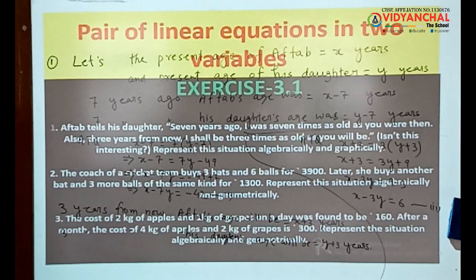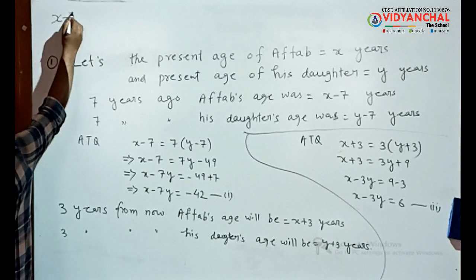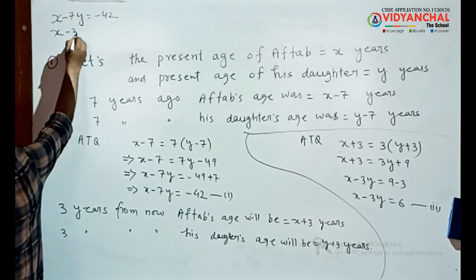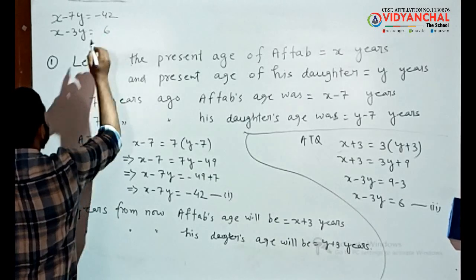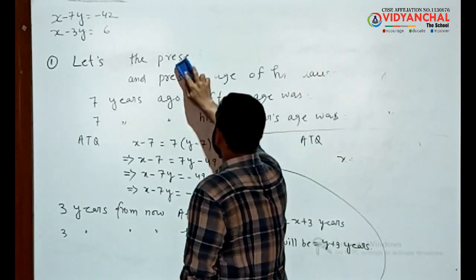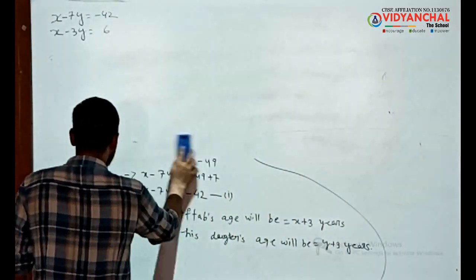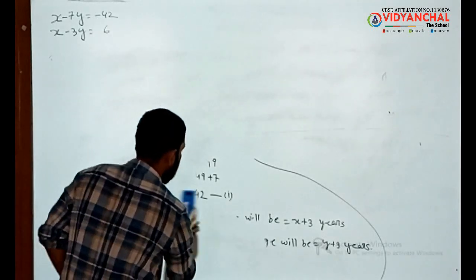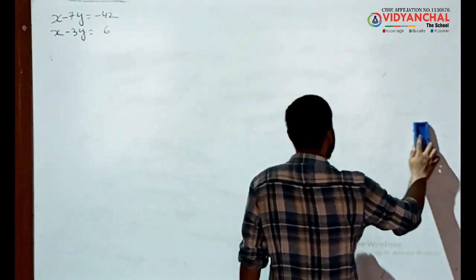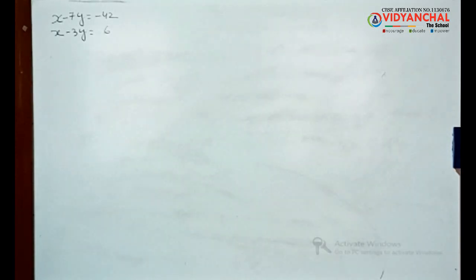So we have two equations: x minus 7y equals minus 42 and x minus 3y equals 6.